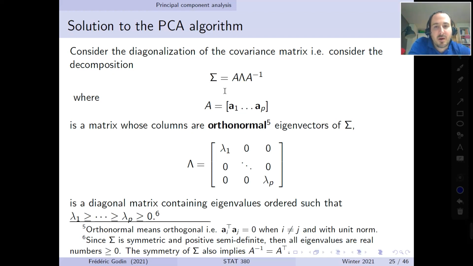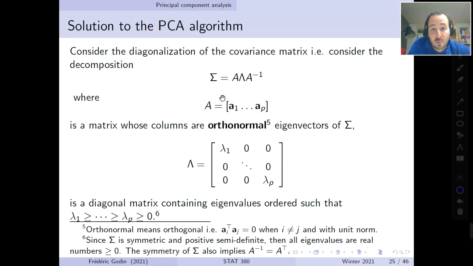Sigma can be expressed as A times matrix lambda times A inverse, where A represents the matrix containing in each column the eigenvectors of the matrix sigma, and the matrix lambda is diagonal and contains the eigenvalues of sigma. We're going to assume that the lambdas are sorted in decreasing order, such that lambda 1 is the largest eigenvalue until lambda p, which is the smallest one.